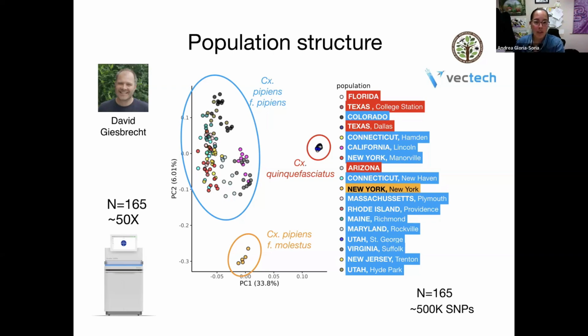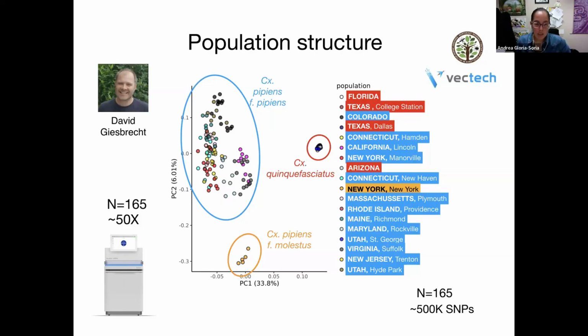And these three populations are somehow more leaning towards the quinquefasciatus side of the plot, suggesting that they might be hybrids, which would be consistent with what we are finding with the ACE2 gene.